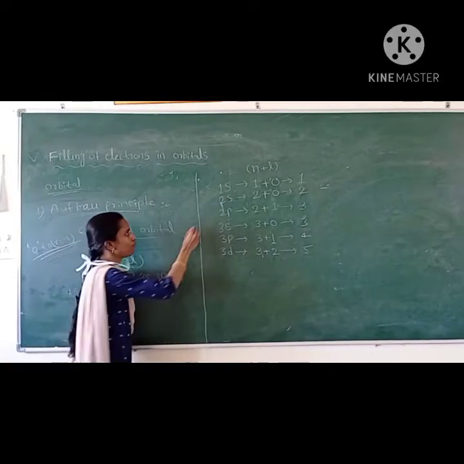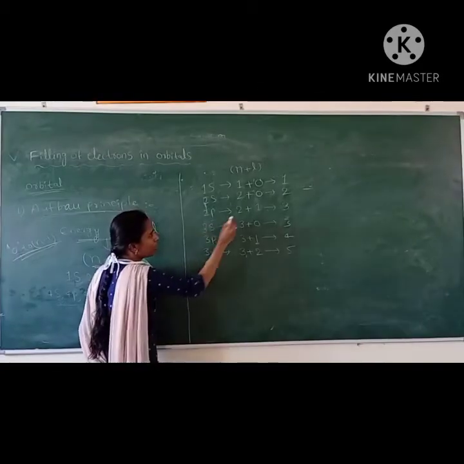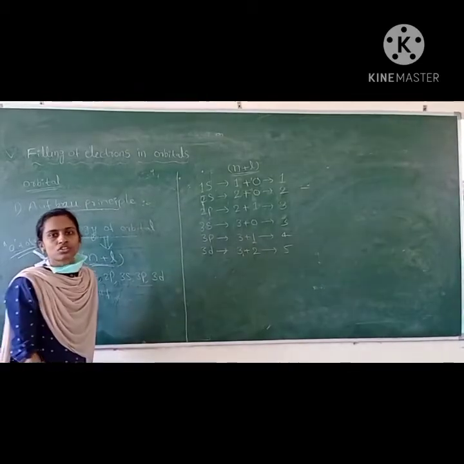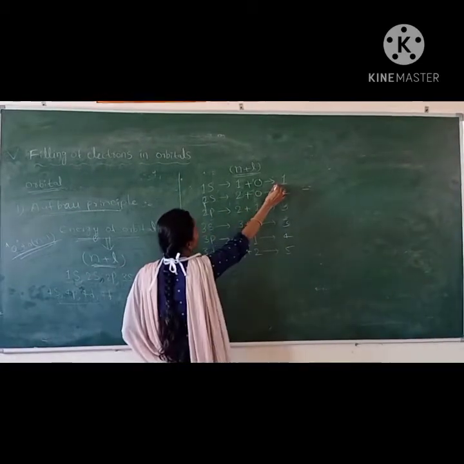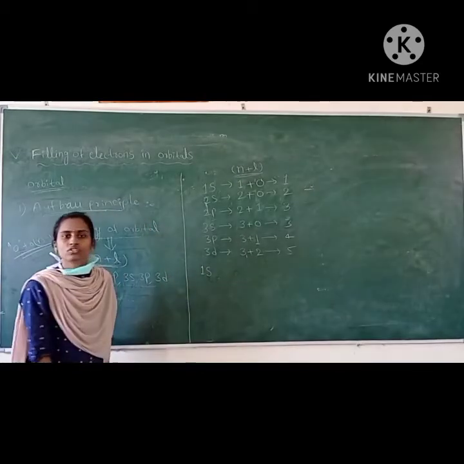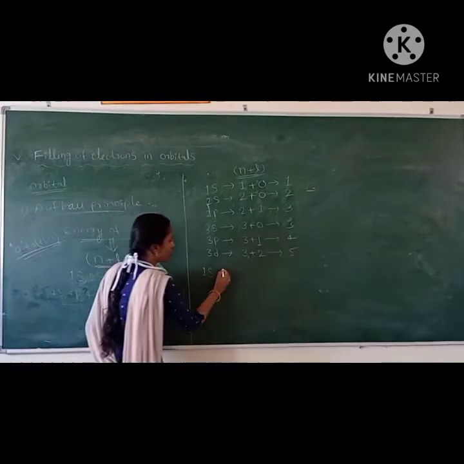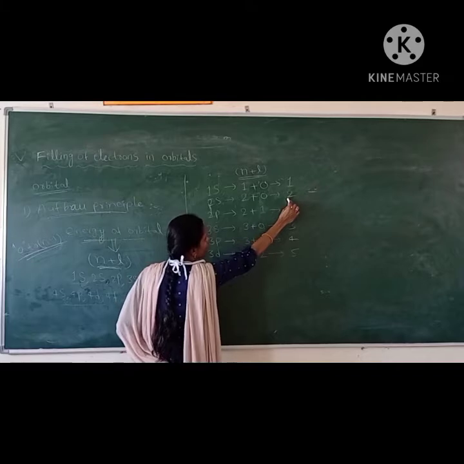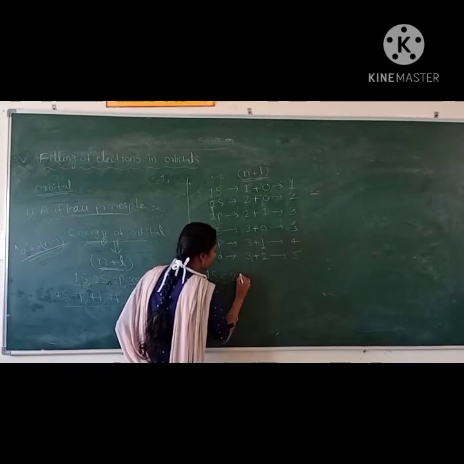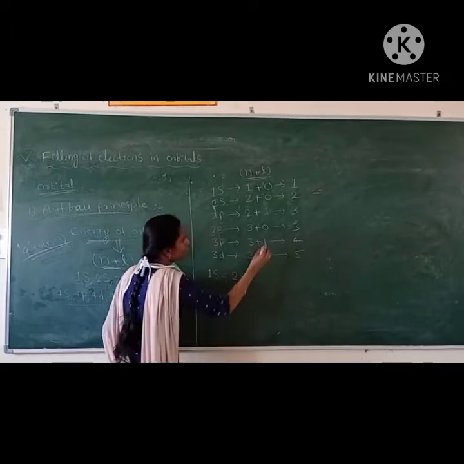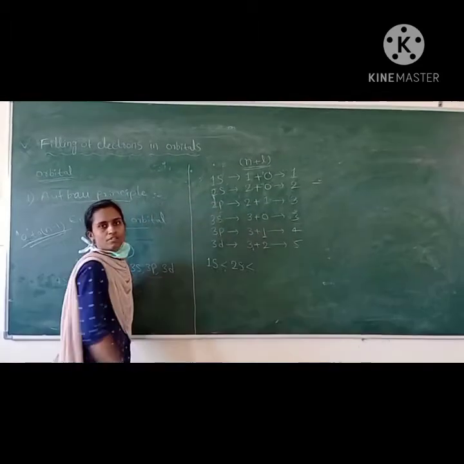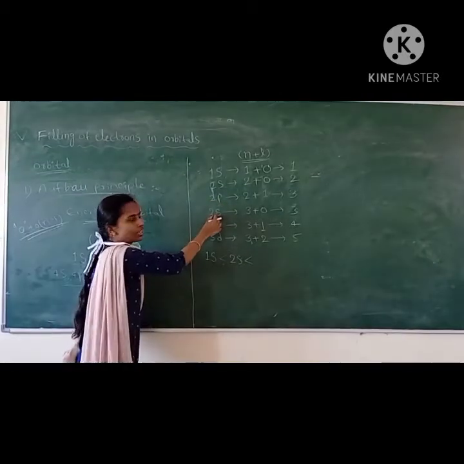The lowest energy orbital is the one with the lower n plus L value. The n plus L value for the 1s orbital is 1, so 1s is the lowest energy orbital, followed by 2s with n plus L value 2. Then the 2p and 3s orbitals contain the same n plus L value.